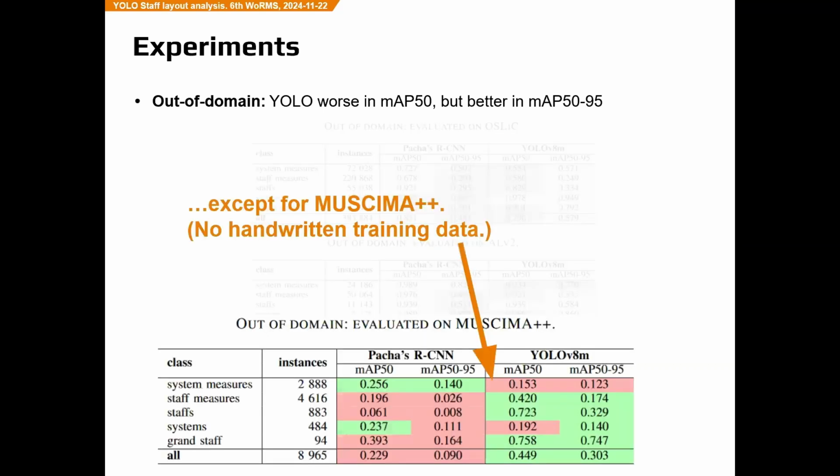But here, this gives us big hopes for possible future zero-shot evaluation. As you can see, the model has never seen handwritten music before, but it performs significantly better than the older model. For example, for grand staff, we got about 5 or 6 times better results.